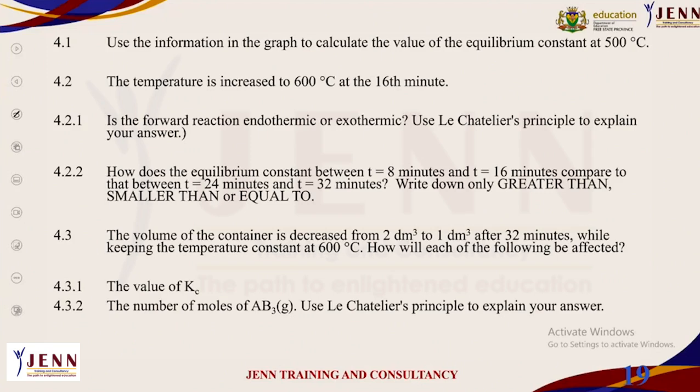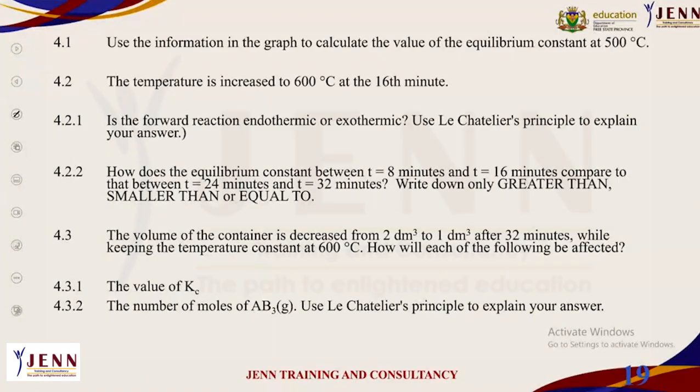The value of Kc. Okay, now Kc is temperature dependent, and because they said the temperature is constant, that means the Kc value will be constant. They didn't give words there, so you can say stays constant or remains the same.